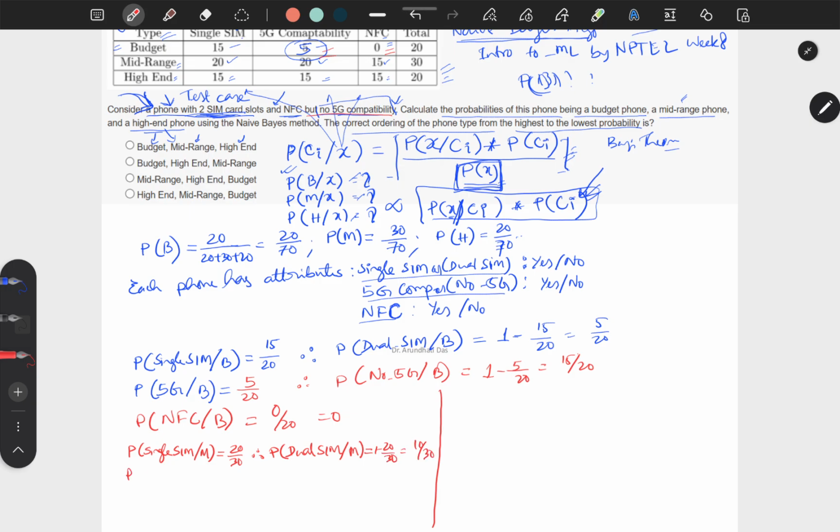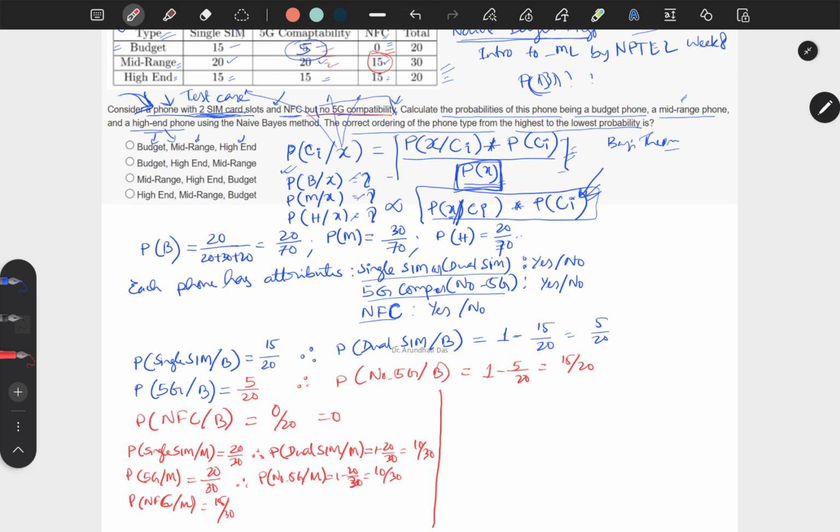Then probability of 5G given it is a mid-range one is 20 by 30. Hence probability of no 5G given mid-range phone is 1 minus 20 by 30, which is equal to 10 by 30. Then probability of NFC given it is a mid-range phone is 30 out of 30.